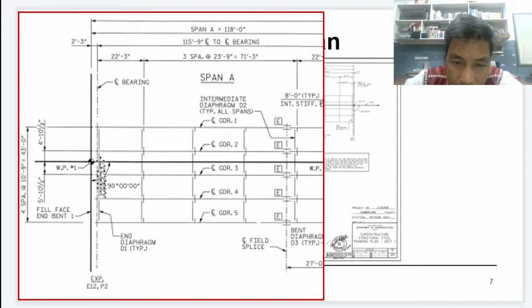The bearing is located here at this line. I mean the center of the bearing is located at this line. That is what we mean by center to center. So center to center bearing means 115 feet 9 inches to the next center of the bearing.